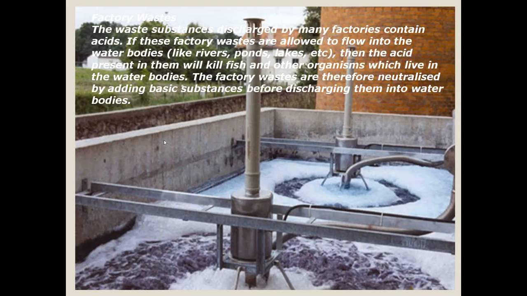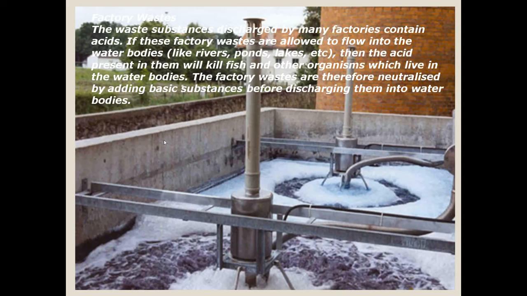Factory waste. When treating factory waste, here also we use the neutralization reaction. The waste substances discharged by many factories contain acids. If this factory waste is allowed to flow into water bodies like rivers, ponds, lakes, etc., then the acid present in it will kill fishes. Just now you have seen in the image how many fishes have died because of the effect of acid rain.